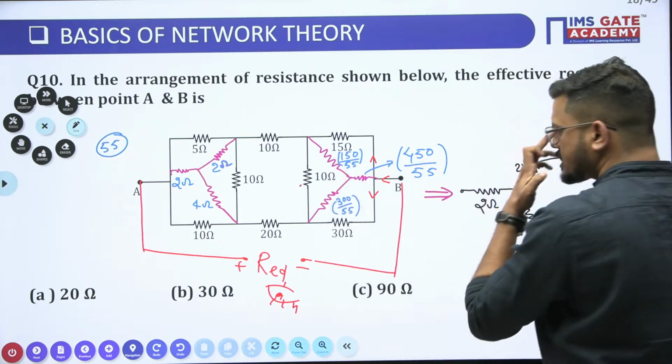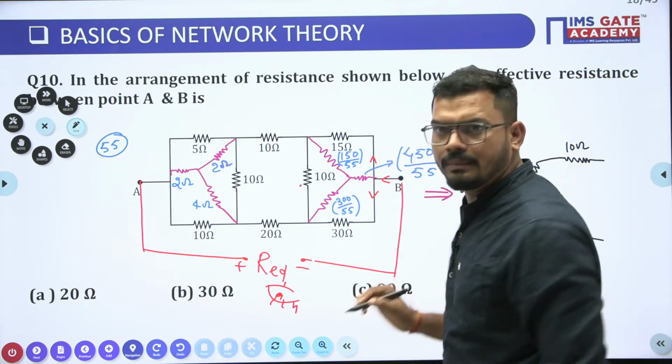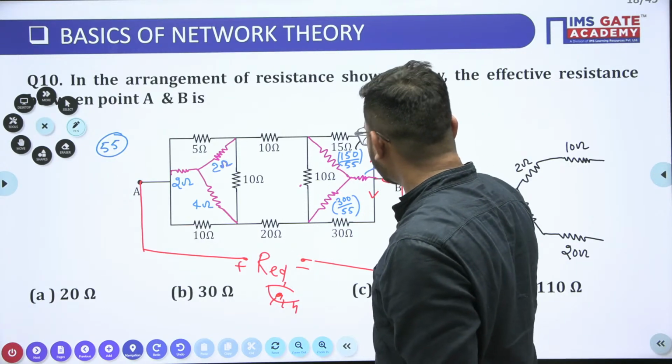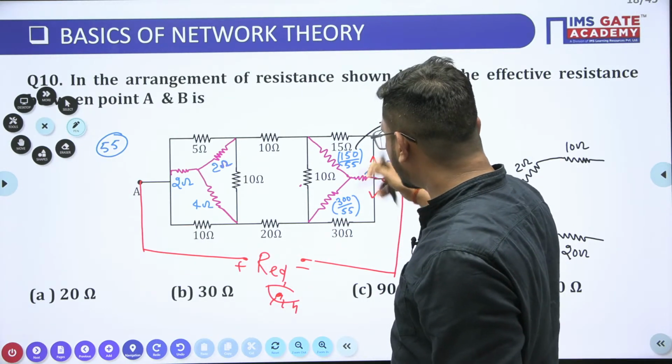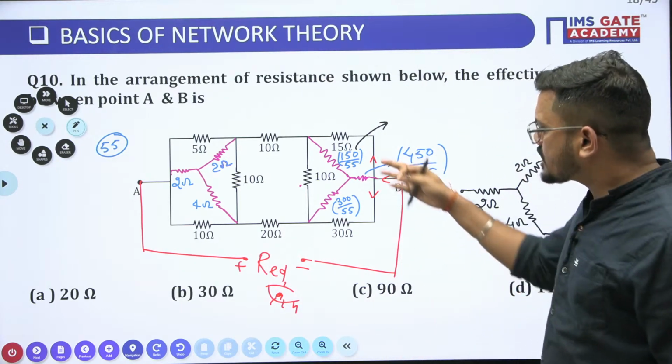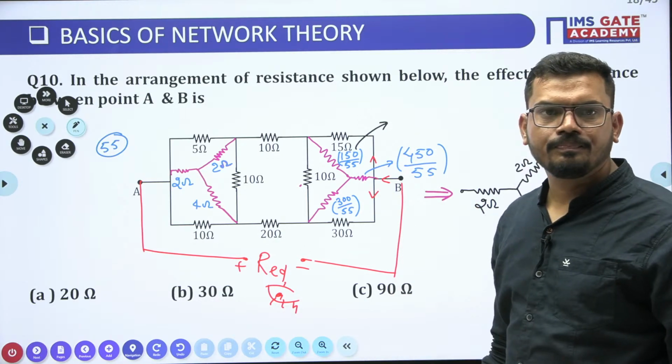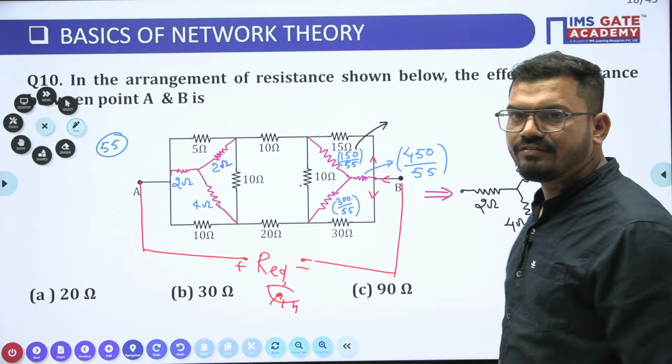Just tell me the value of these. First is 150 by 55.